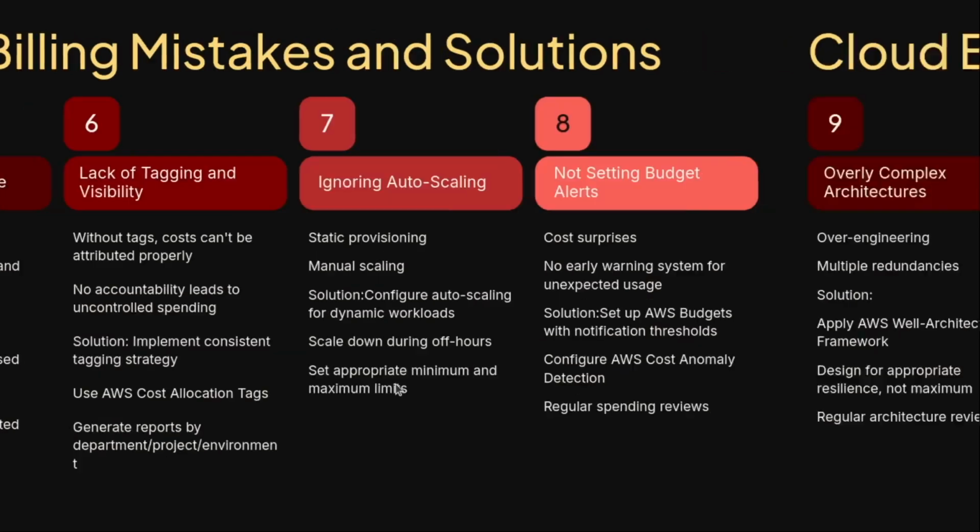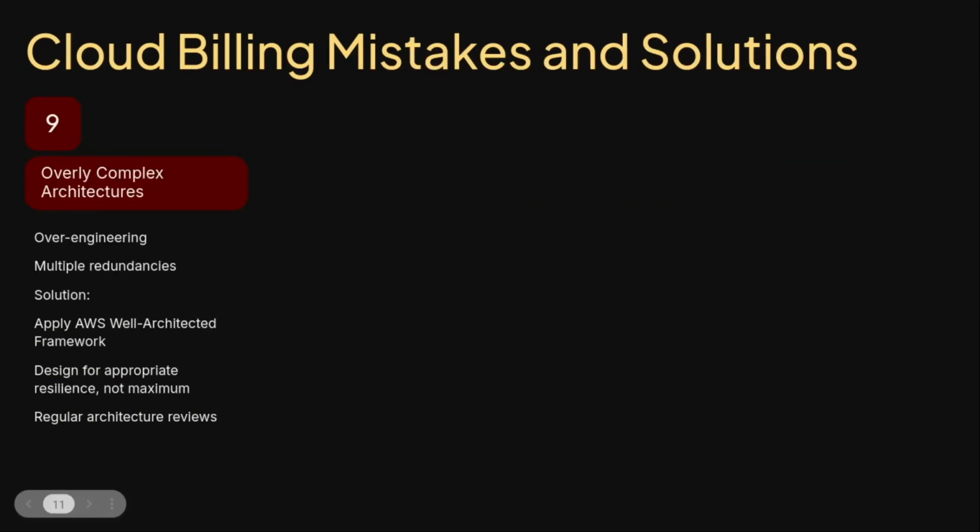And lastly, number 9, overly complex architecture. Sometimes less is more. Over-engineering creates unnecessary costs through redundant systems and excessive layers of services. Apply the AWS Well-Architected Framework to balance cost optimization with reliability.